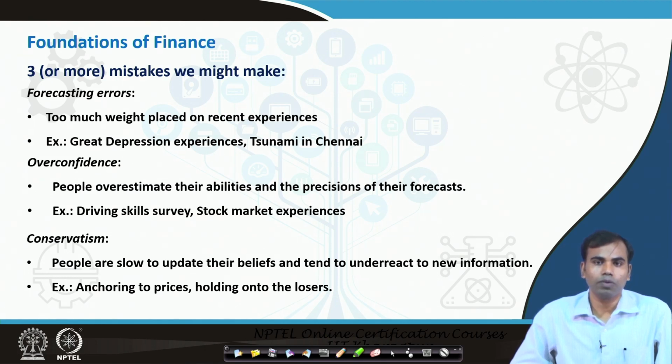So, most of their decisions with respect to financial asset allocation are based on their recent experiences. This is one major systematic error that we make.